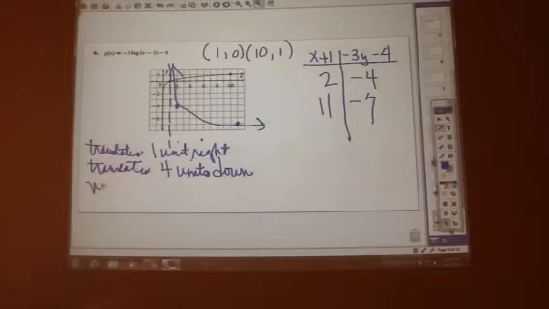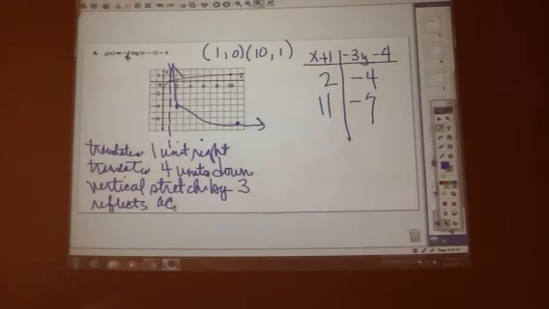It has a vertical stretch by a factor of 3 from right there, and it reflects across the x-axis.